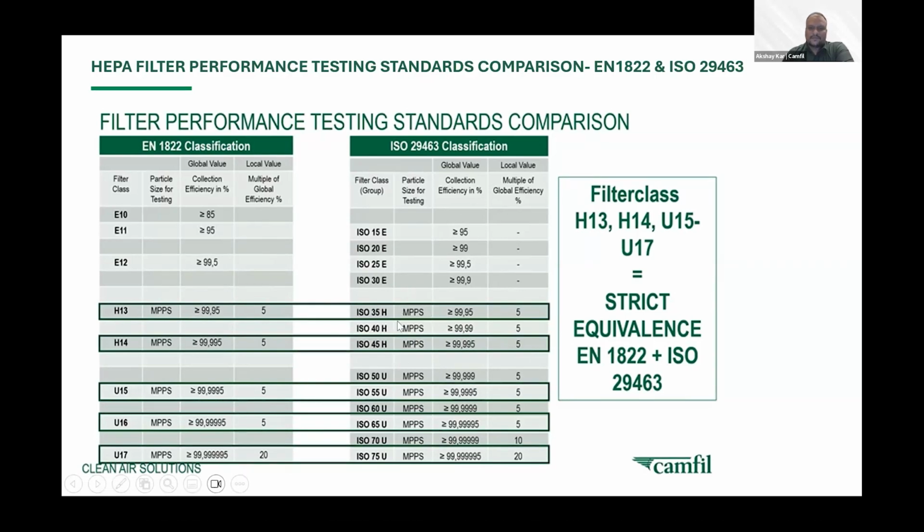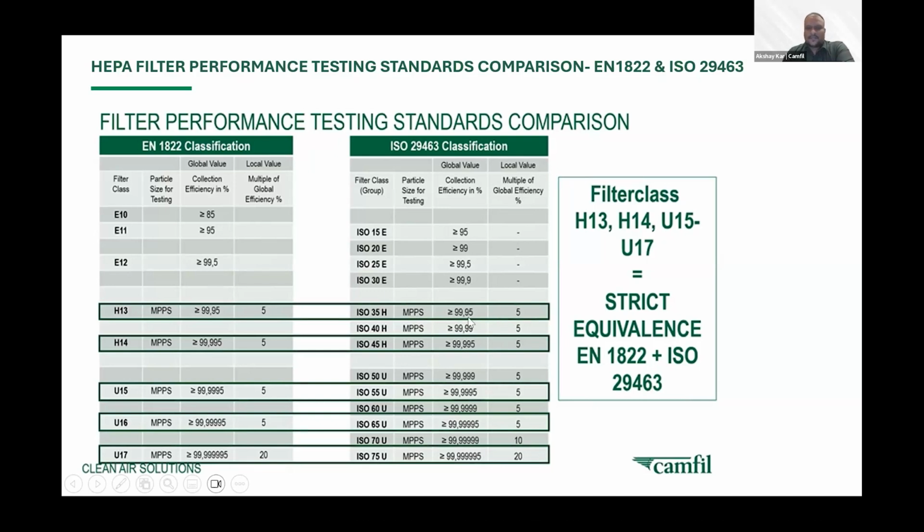We should test our particles on MPPS. Why I'm emphasizing MPPS is, the lower the particle size it will cater to, the better the efficiency you will get from the HEPA filter. And then we have the local value, against the global efficiency, which helps us determine the minimum efficiency we can get out of a HEPA filter.